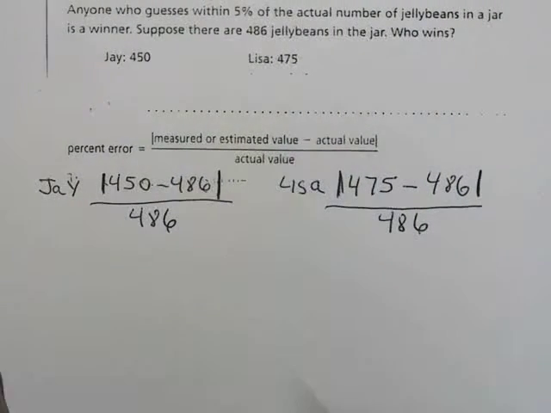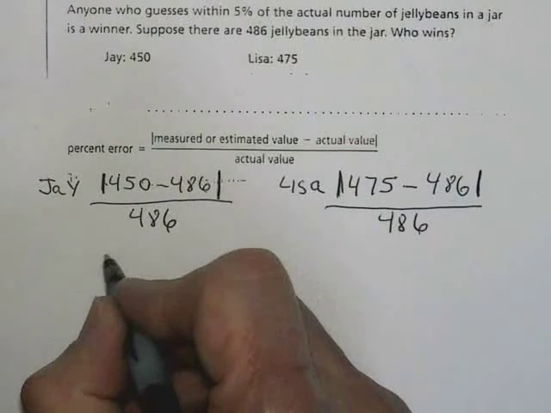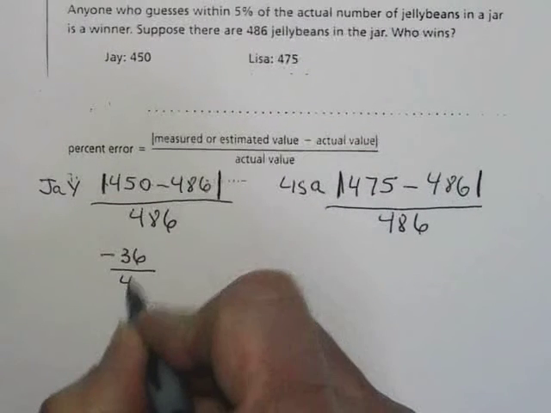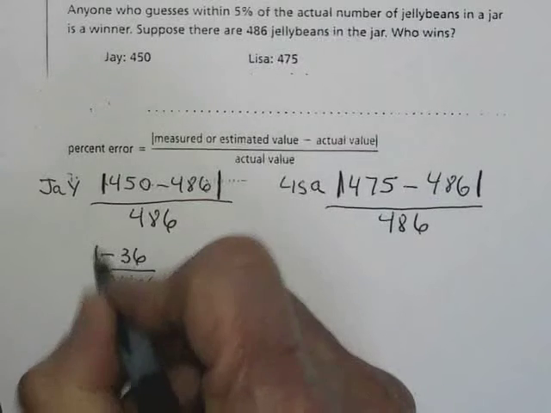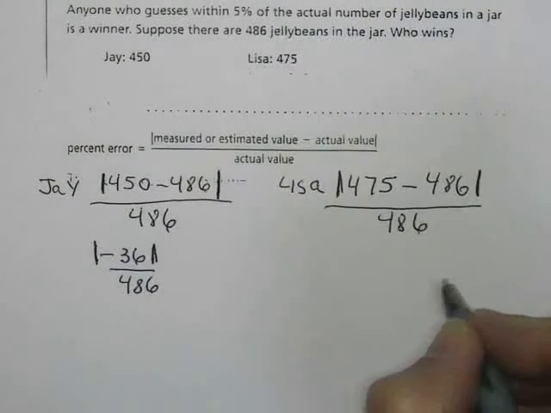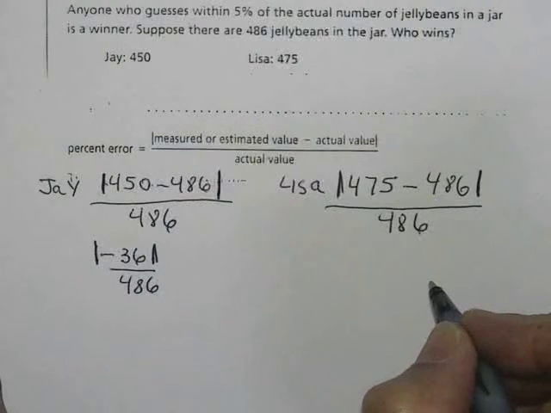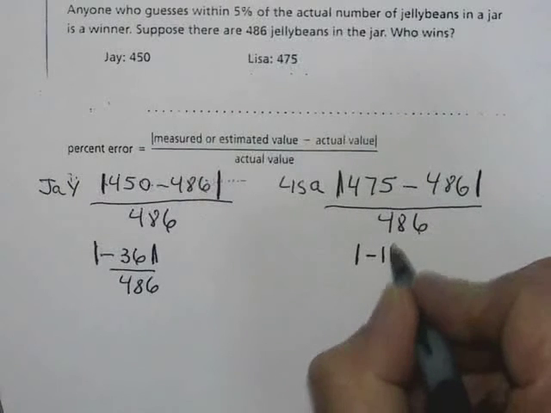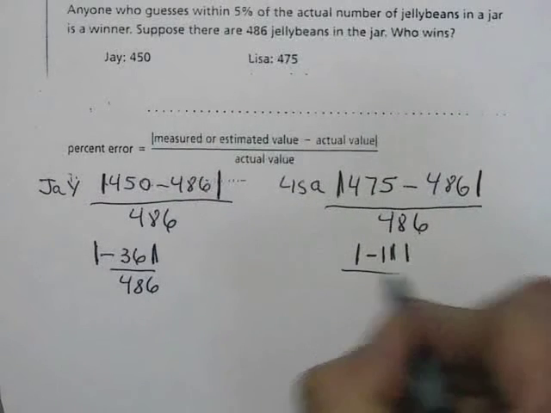And for Jay, I believe this would come out to be negative 36 over 486. Once again, this is the absolute value of that. And for Lisa, this would end up being the absolute value of negative 11 over 486.